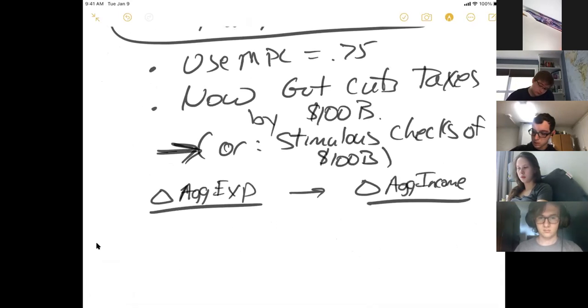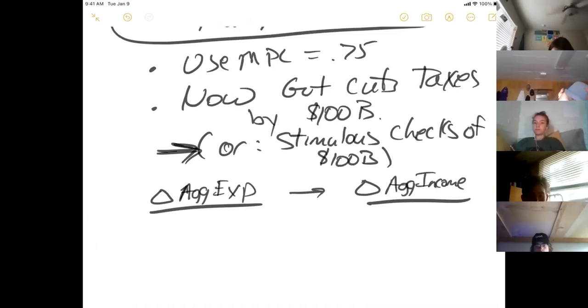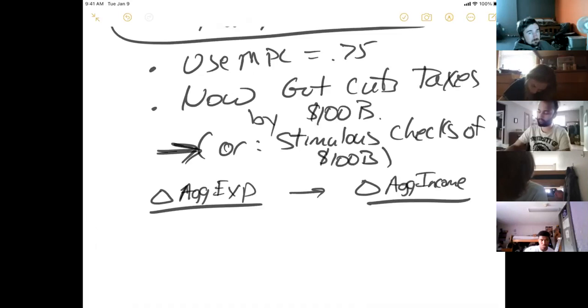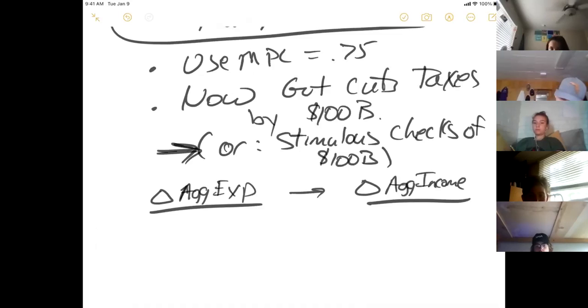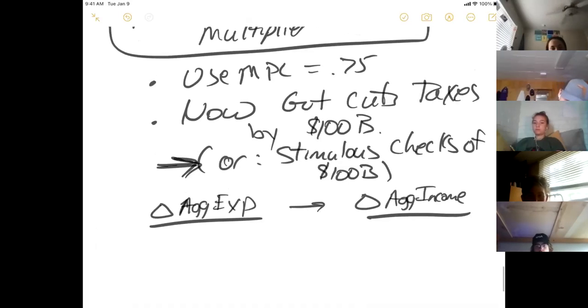Okay, so the government sends out $100 billion in stimulus checks. People get those stimulus checks. Now they've got $100 billion sitting in their pocket. So Nevaeh, according to this example, how much of that $100 billion do they spend? 75 billion.